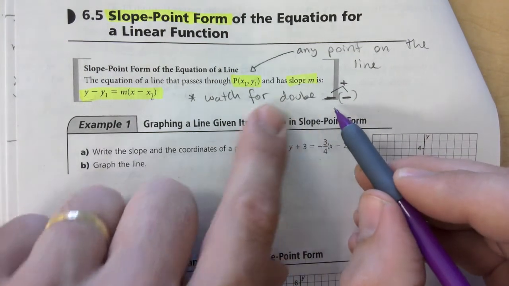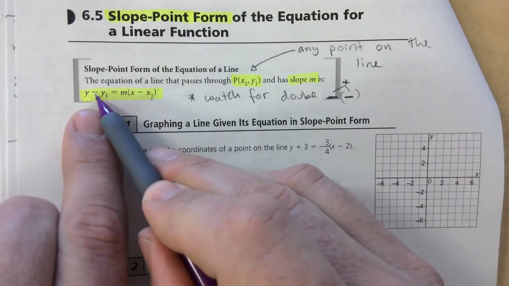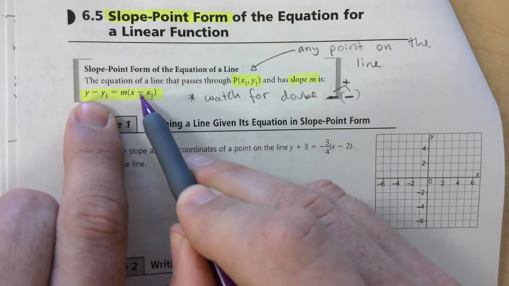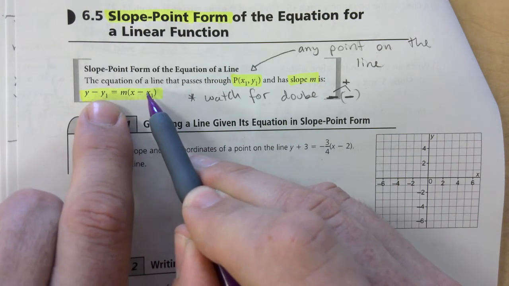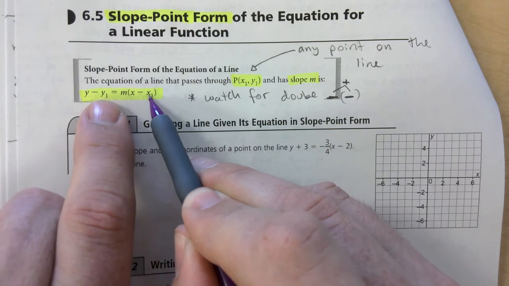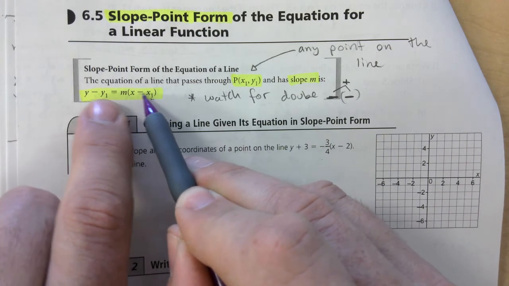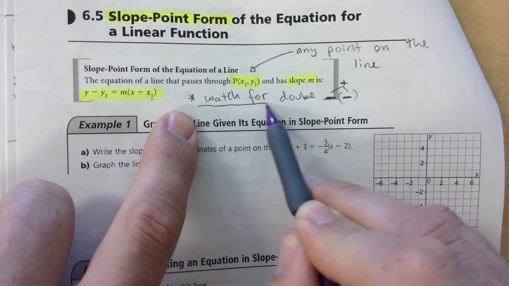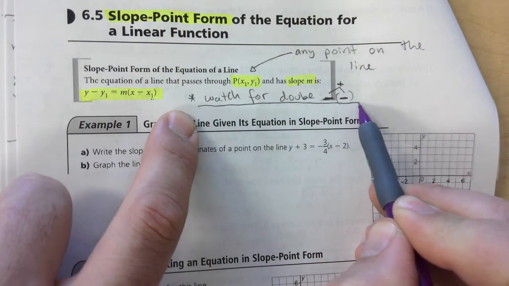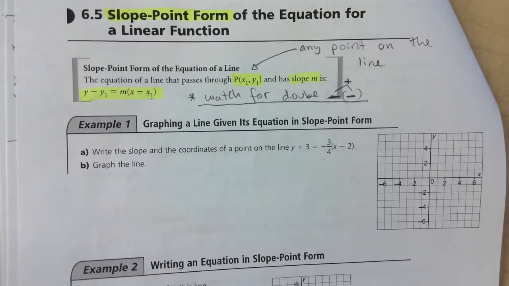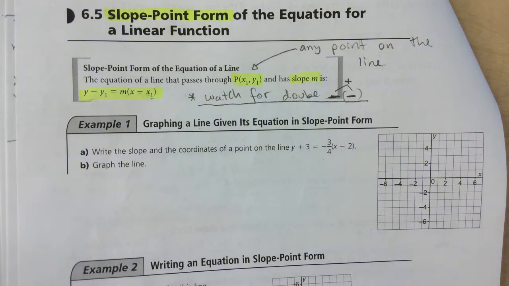You gotta watch out for that because these subtractions here are always there, and depending on what the value of x1 and y1 is, would sometimes result in a double negative. So you gotta watch out for that. That's a very common mistake. But you've seen it when we did the exponent laws. You've seen it in chapter 5 when we did the slope or rate of change. You're familiar with that, so it's not brand new, but I'm just making sure you watch out for that.